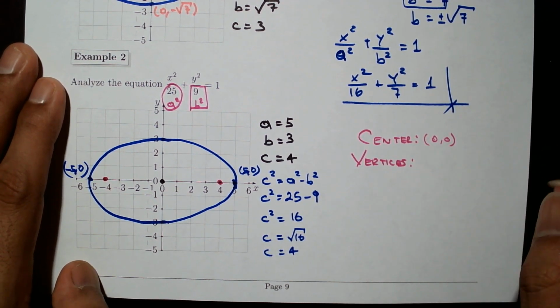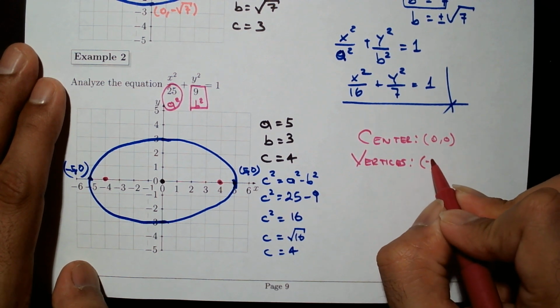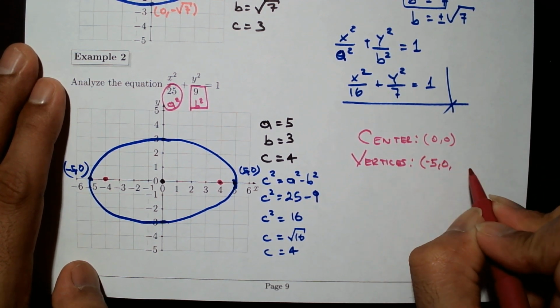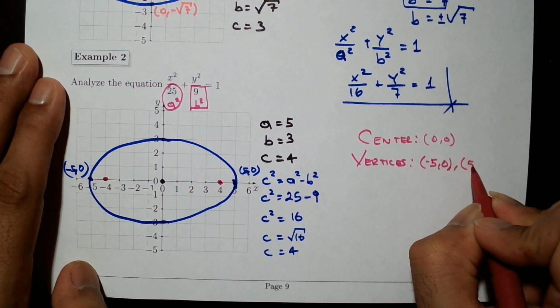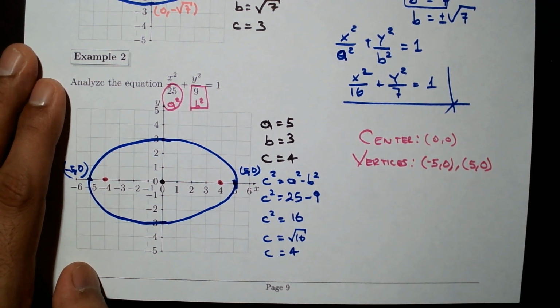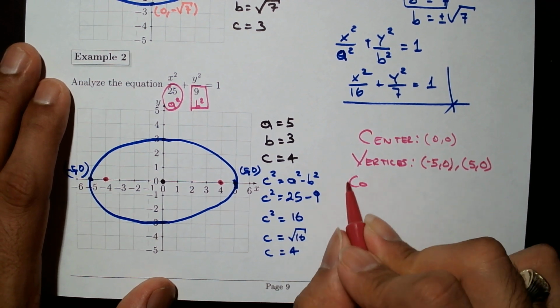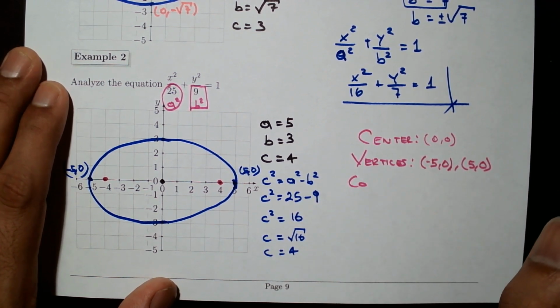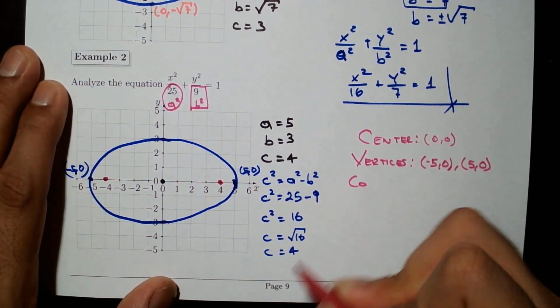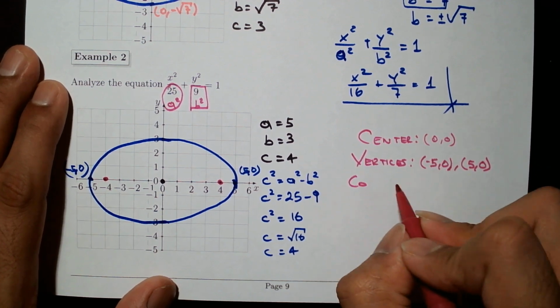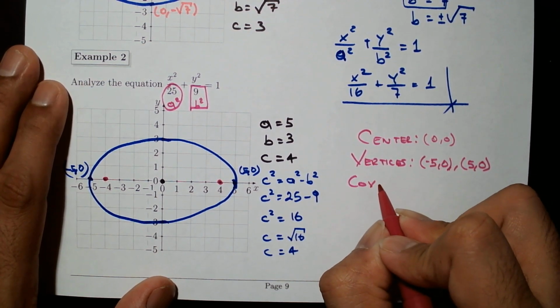Or -5, 0, 5, 0. And then we have the co-vertices, which again, on the homework you won't be asked for the co-vertices, but again, it's important to have that vocabulary.